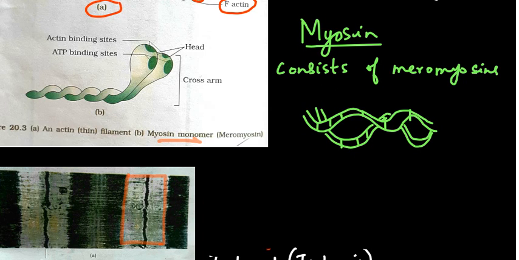Like that, many meromyosins will join together. So this is one meromyosin.